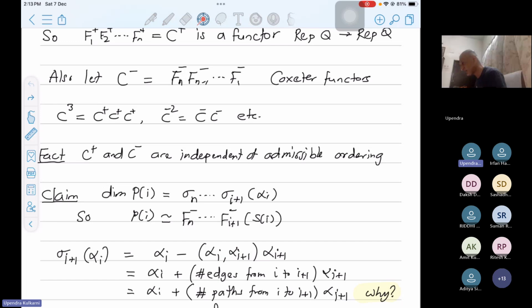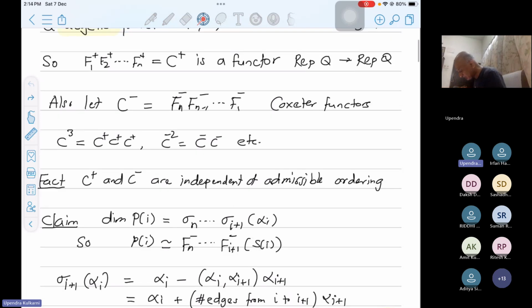In fact, these are two basis vectors. So you remember what the matrix of the form is? Here, the arrows do not matter at all. This depends only on the underlying graph. Okay. And then what do I have? This value is just minus the number of edges between I and I plus 1. So what I have is alpha I, which became plus because the value of the bilinear form itself is minus, so alpha I plus the number of edges from I to I plus 1 times alpha I plus 1.